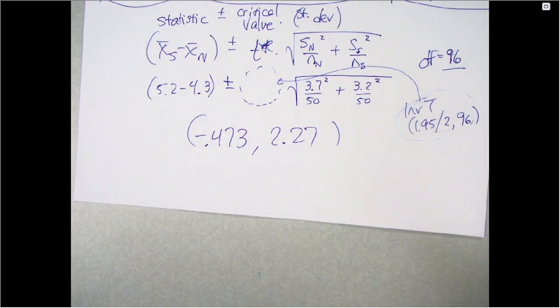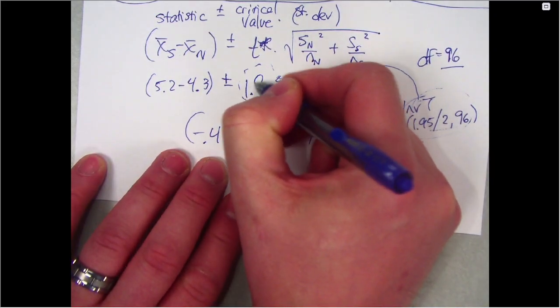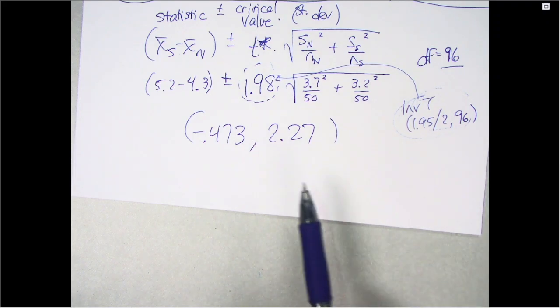The only way I get the 96 is by running through the test. It gives me 1.98. You guys get 1.98? You see where that's coming from?